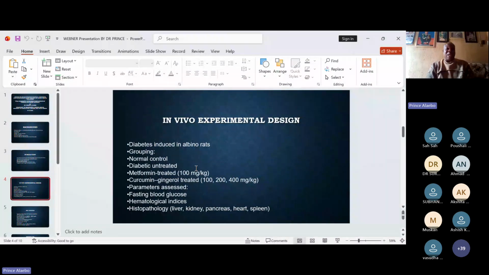The parameters that we assessed were fasting blood glucose, hematological indices, and histopathology of the liver, kidney, pancreas, heart, and spleen.